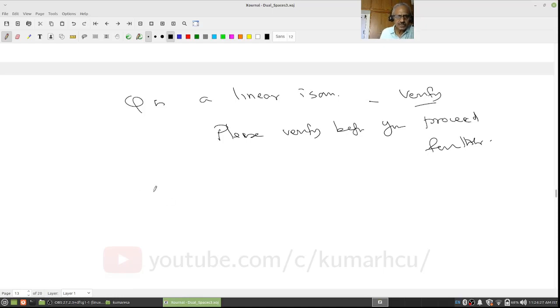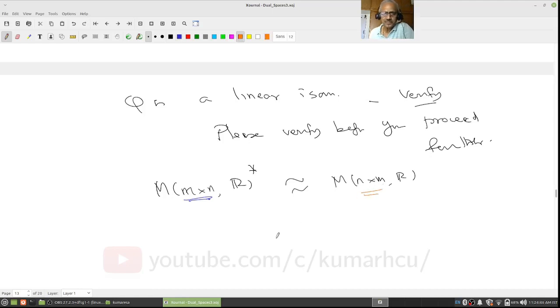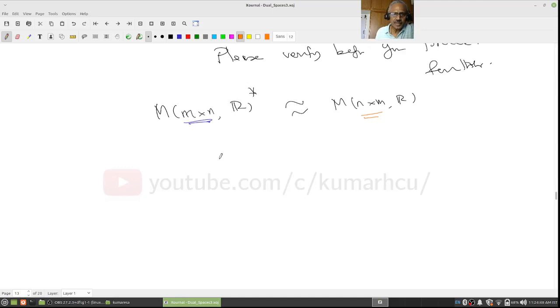This shows that the dual of M cross N R star I can identify with N cross M R. Do you understand this? This is M cross N, whereas this is N cross M. How? What is the map?